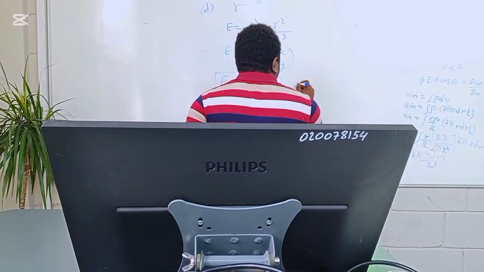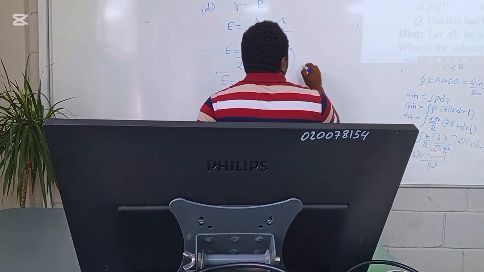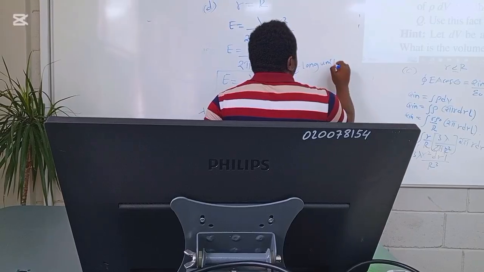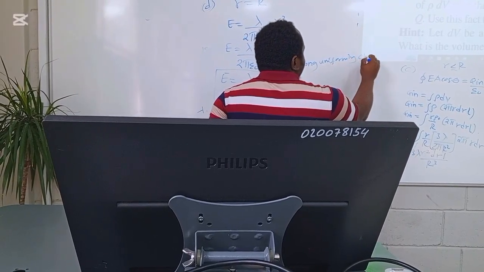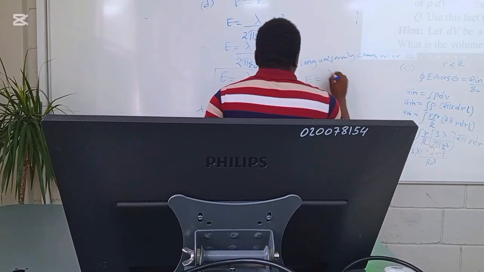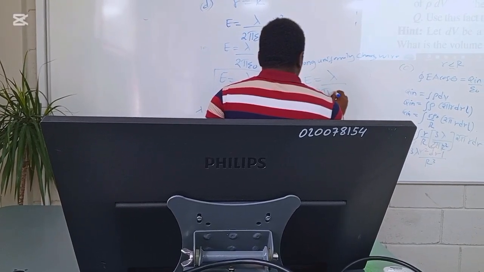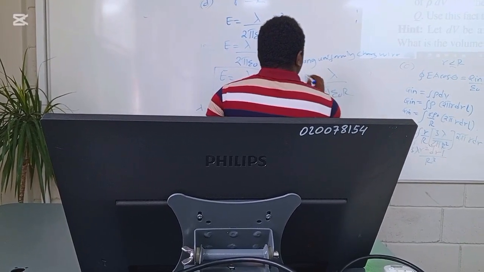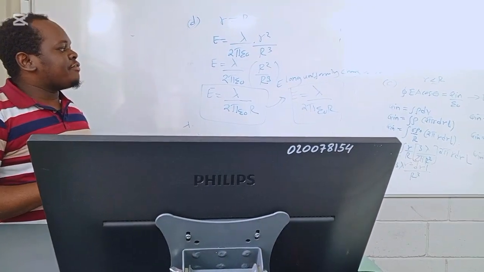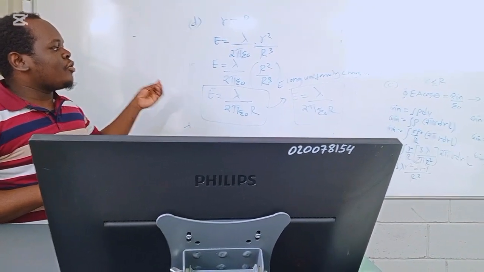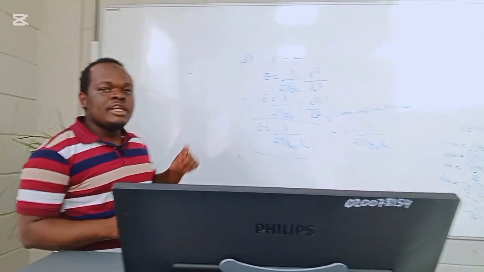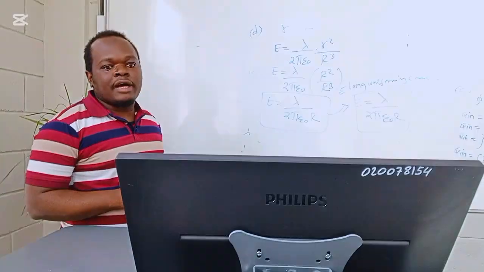If we check this with the formula for the electric field of a long uniformly charged wire, it's the same, where lambda is equal to rho times 2 pi R. So this proves that the electric field of a long uniformly charged wire is the same as on the surface of the infinite uniformly charged cylinder.